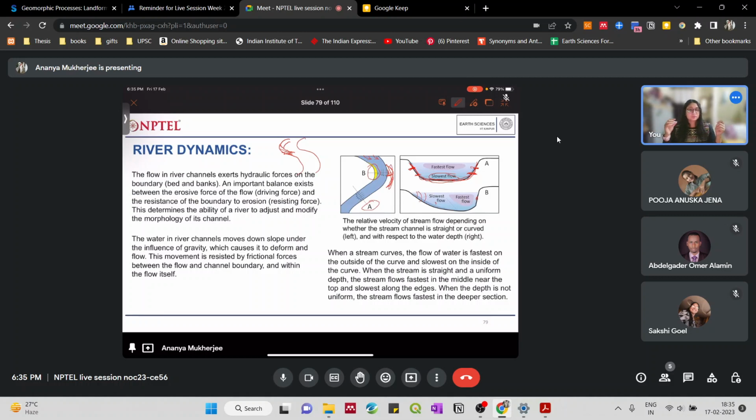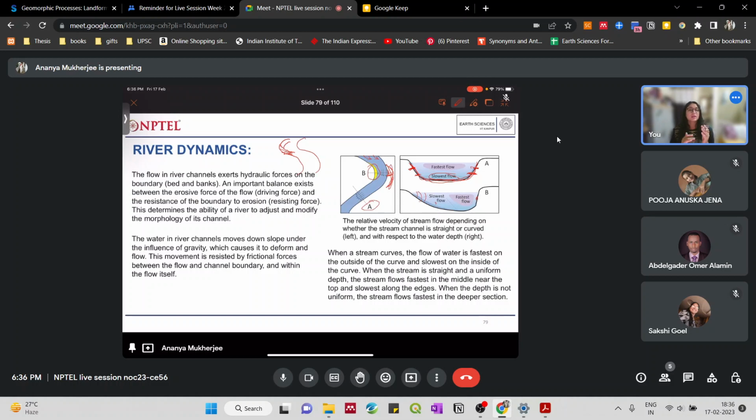One of the first things that is going to affect the way the water is flowing is obviously gravity. Along the slope, we know that due to gravity, something from a higher level is going to flow towards a lower level. Then you have the frictional forces, the friction offered by the channel bed between the water that is flowing and the channel bed.